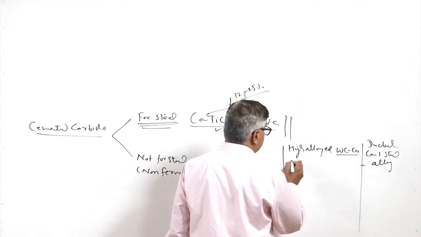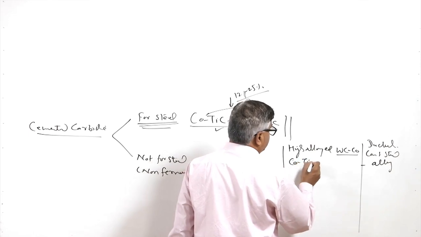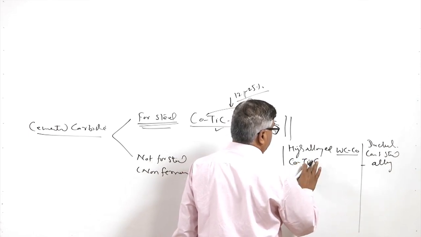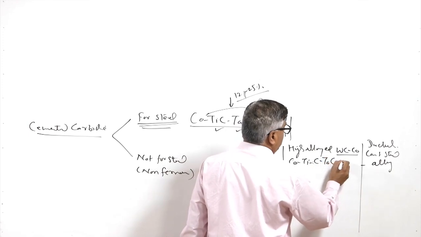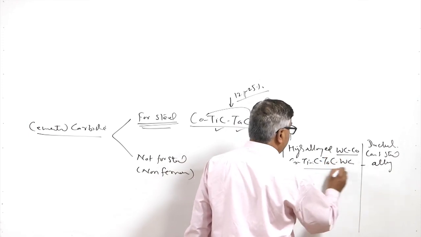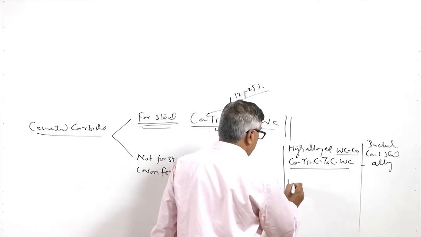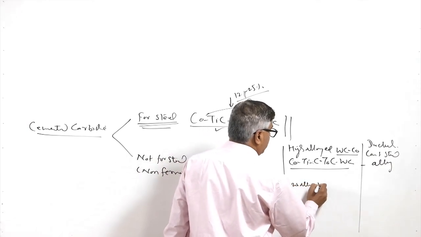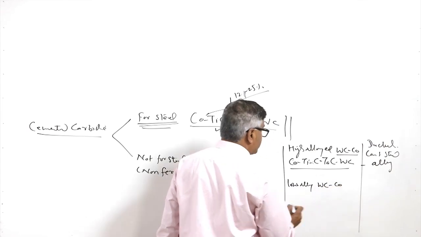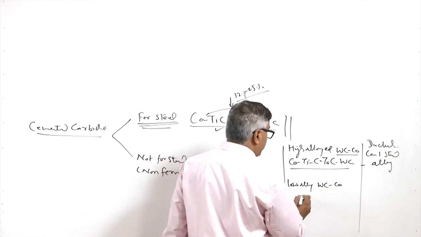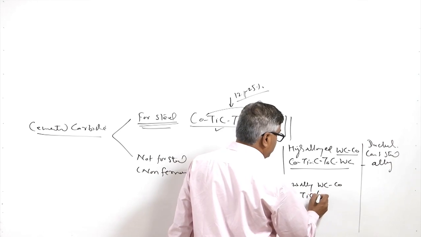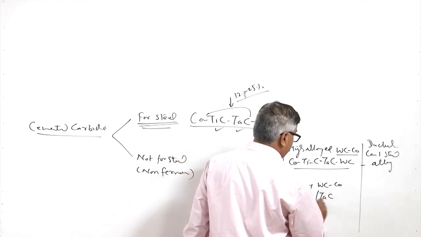These are basically cobalt, TiC, TaC, WC, high in concentration of TiC and TaC, while the low alloyed WC-Co insert is one wherein the concentration of the TiC and TaC is somewhat less.